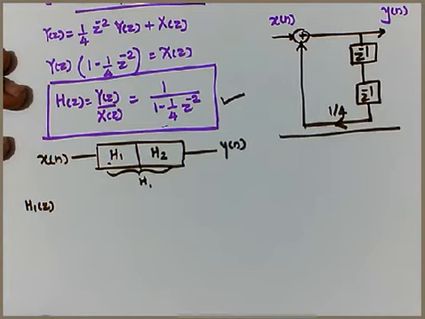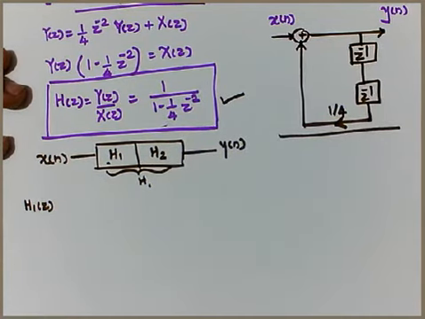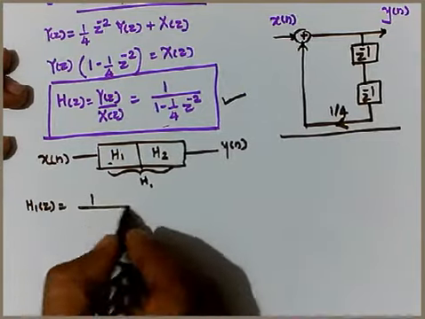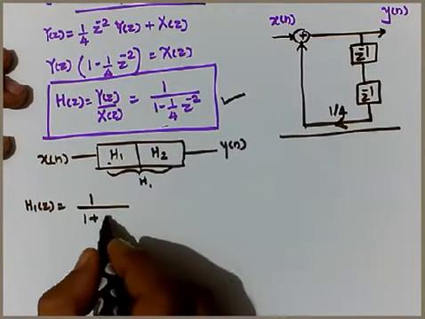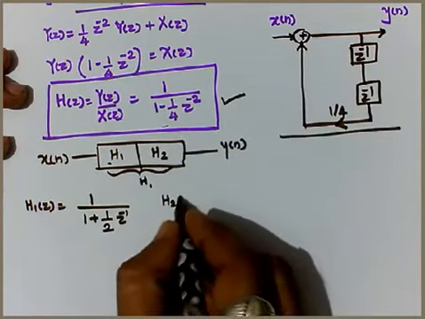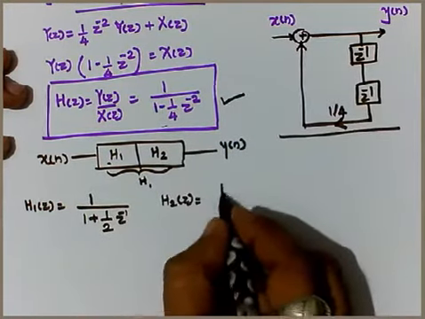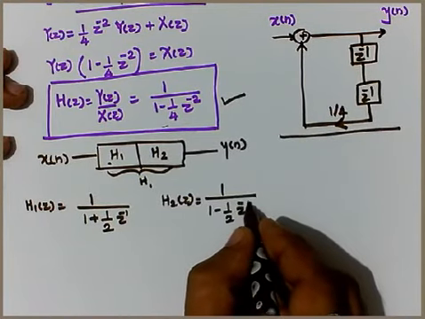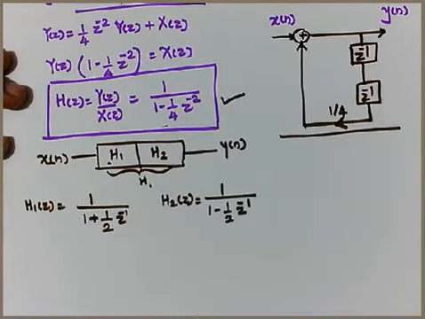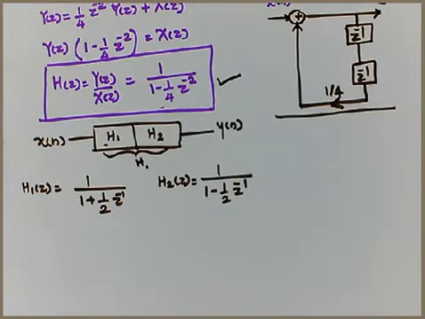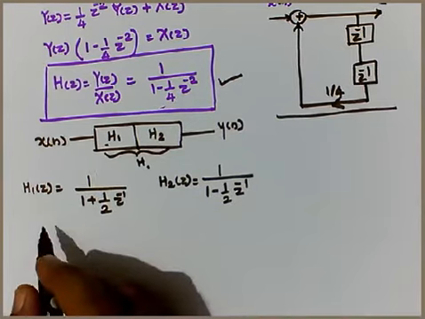We can factorize it like h1 of z is equal to 1 upon 1 plus 1 by 2 z inverse, and h2 of z as 1 upon 1 minus 1 by 2 z inverse. So by this way it can be easily factorized. Once it is done, the other part is quite simpler.